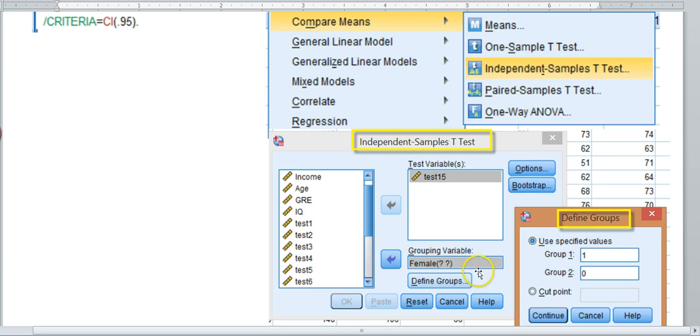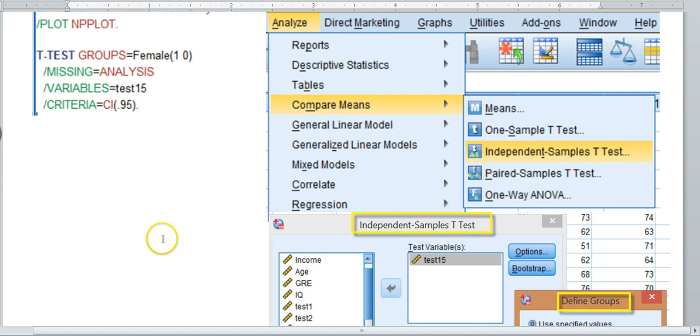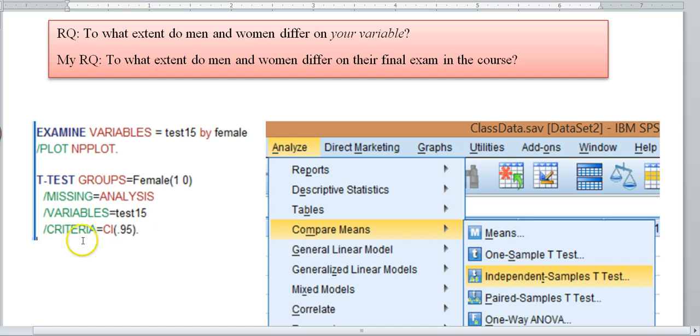And notice, how do you know that this box came from the define groups? Well, SPSS names it the same thing. So that way you know that when you click on define groups, you should get this pop-up, and that's where you indicate how you coded your variables. Then you hit continue, then you hit paste, and you should get this statement over here.